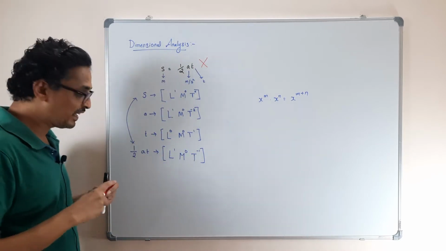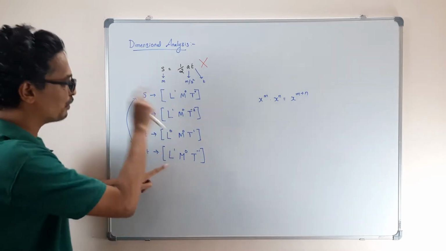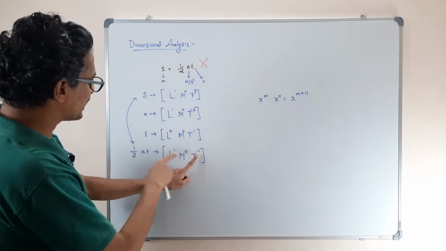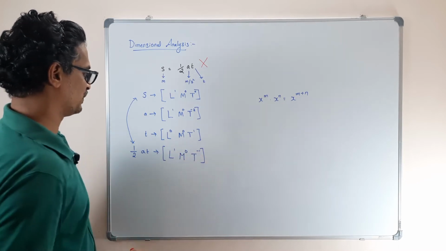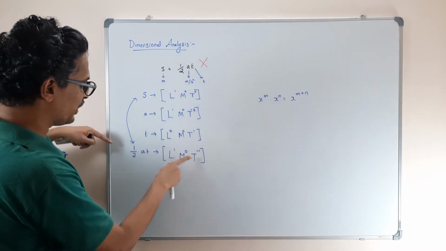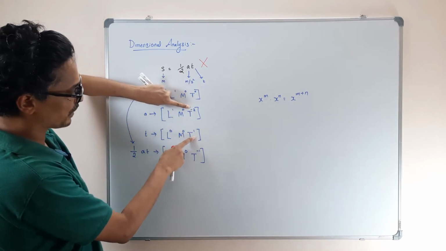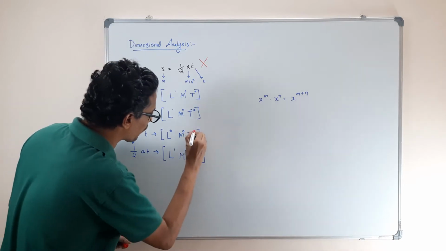So from here itself you can get an idea. Now when will both match? This has to become 0. So when will this become 0? Why did you get minus 1? Because you are adding the powers of t: minus 2 plus 1 gives minus 1. So you can clearly see something is wrong.